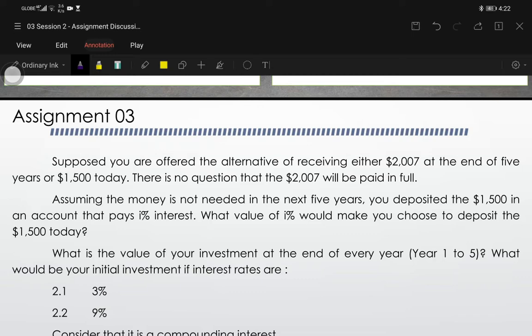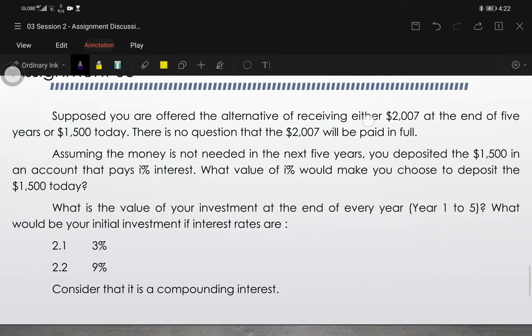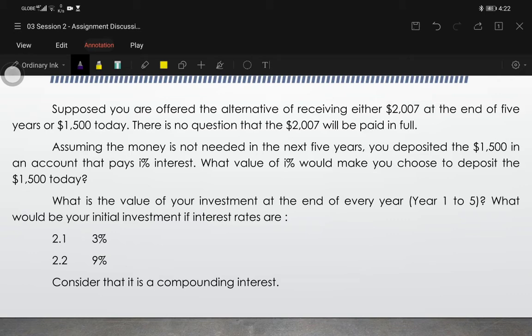So what value of interest would make you choose to deposit the 1,500 today? Next, what is the value of your investment at the end of every year, year 1 to 5? What would be your initial investment if interest rates are 3% and 9%? Consider that it is a compounding interest.